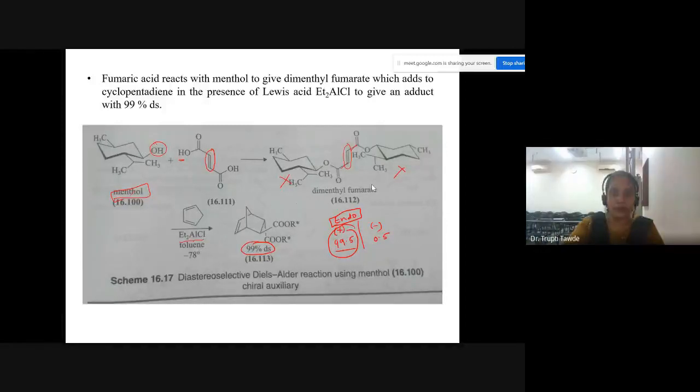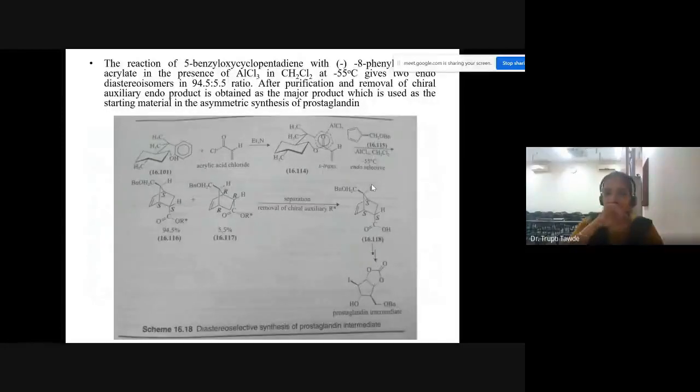मैंने और एक example लिया है, ठीक है. यहाँ पे अगर तुम देखोगे, so this is जो 8 phenyl menthol था ना, वो वाला मैंने structure यहाँ पे लिया है. This is the chiral auxiliary, this is the dienophile again. You can see ये जो dienophile है उसको attach किया. ठीक है, यहाँ पे simply एक chlorine है और यहाँ पे OH है, so HCl will be lost and we will get this particular menthol part attached to this dienophile.